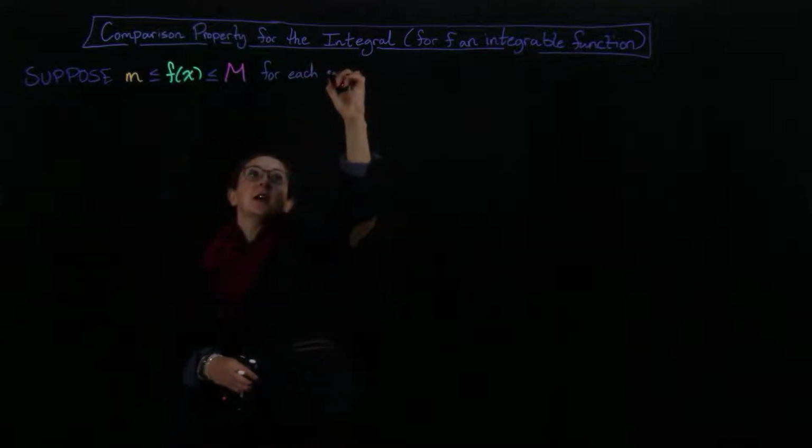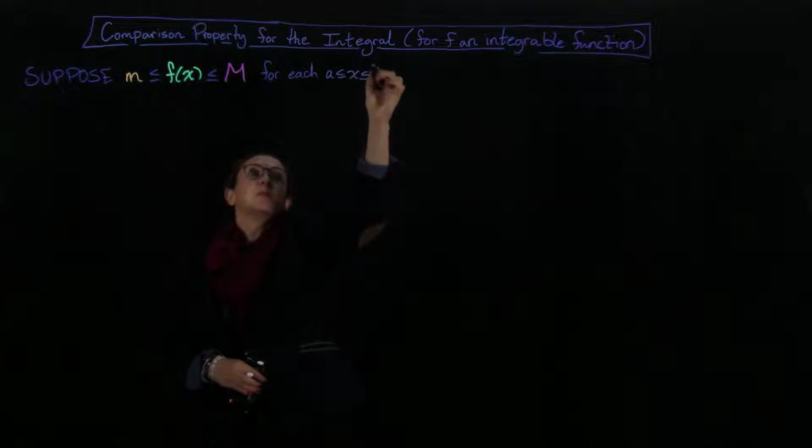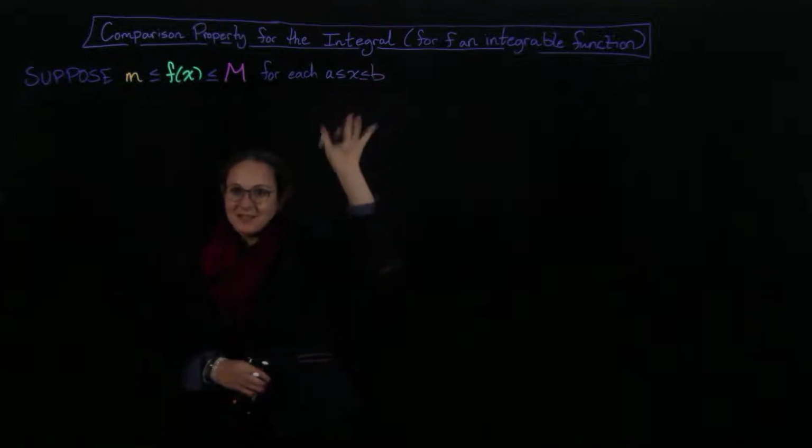So for each a less than or equal to x less than or equal to b, meaning each of these x's that lies between a and b.